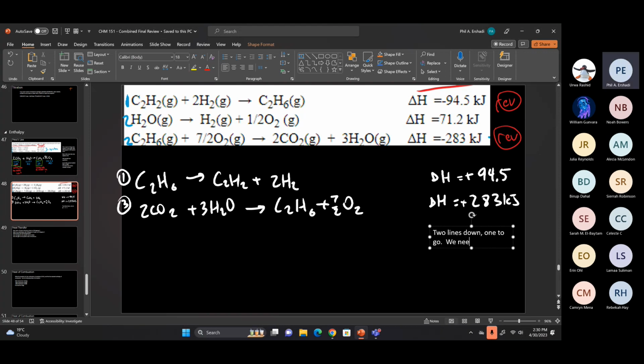So we need to figure out if we need to change line 2. So we're going to now compare the new system against the target. So I'll make a copy of the target again.